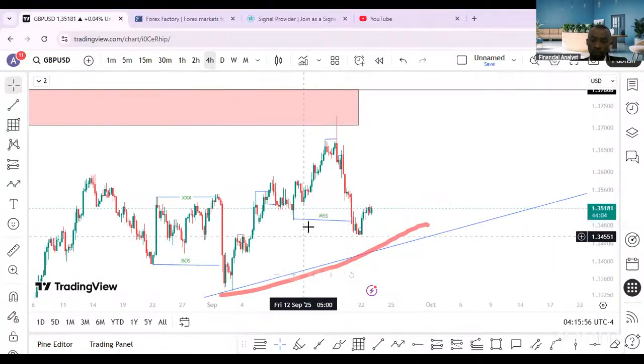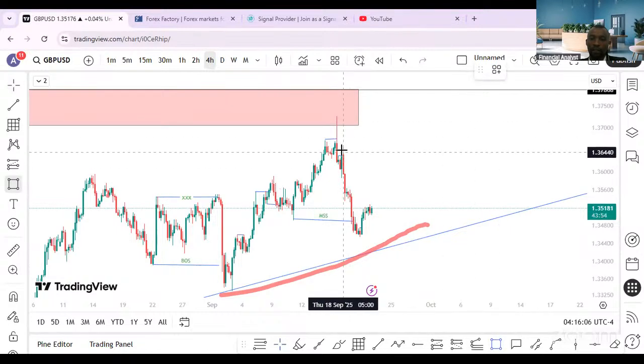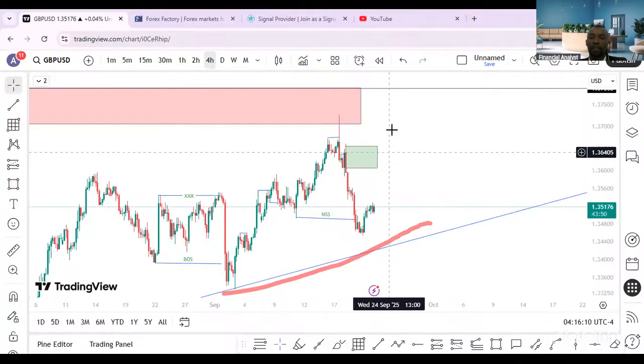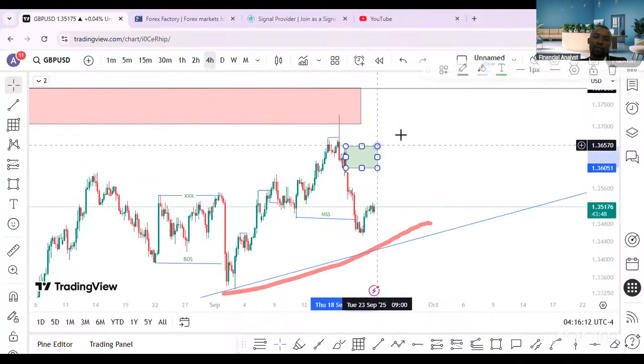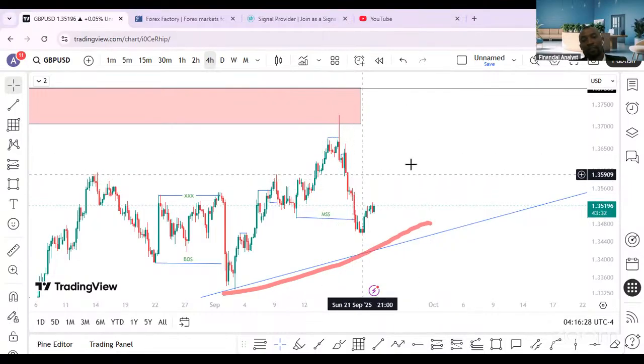So I think I will just position for more sells when price goes to the premium. We have this internal break of structure. So price can rise maybe to somewhere around this demand, around the supply area. Then I can look for a sell around this place. So for now on GU, I will just hold my hands and look at the characteristic of what GU will play out. Now there's news by 9:30.